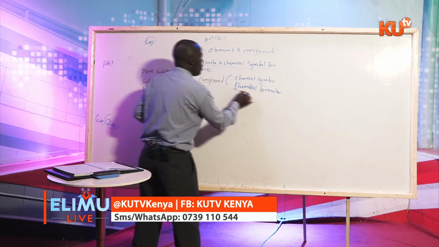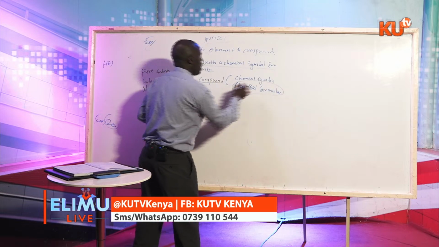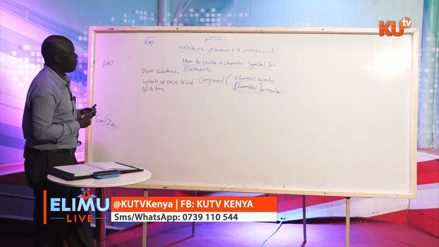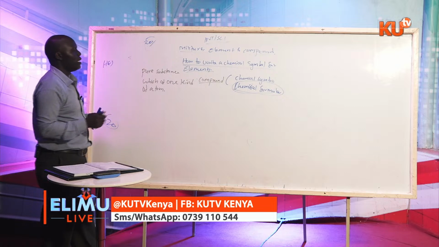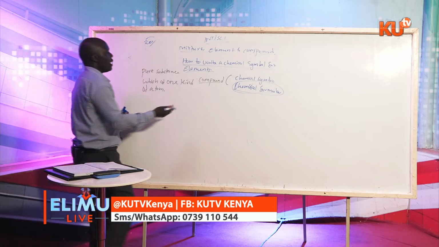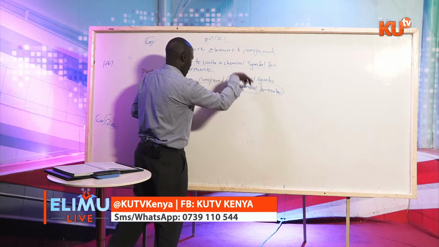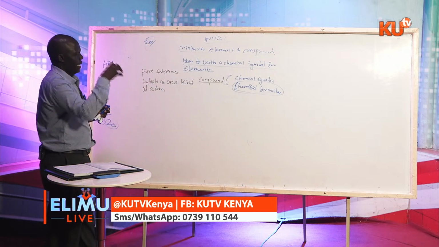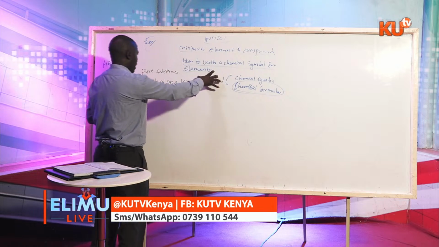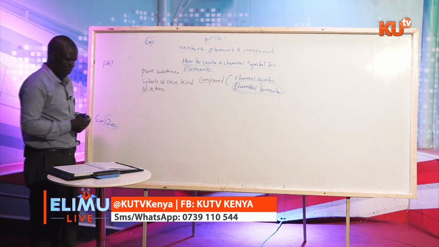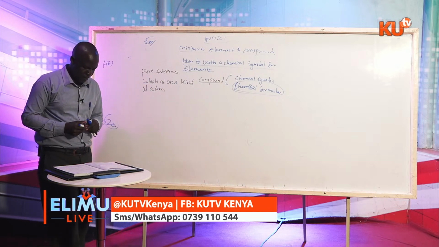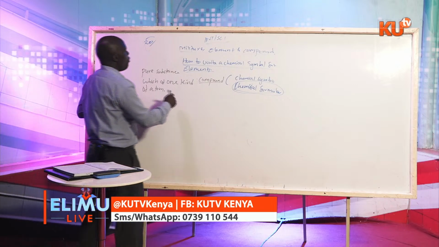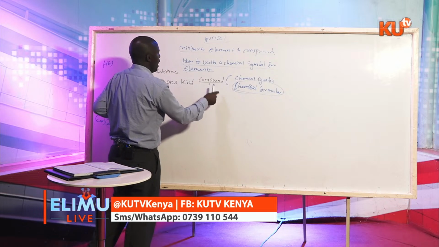And this chemical formula is made up of the components in that compound. For example, if it is a compound made up of two elements, then when we are deriving the chemical formula for that compound, we consider the individual elements that form up the compound. So it contains more than one atom.